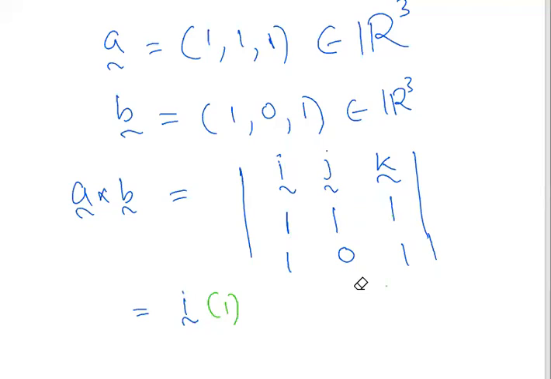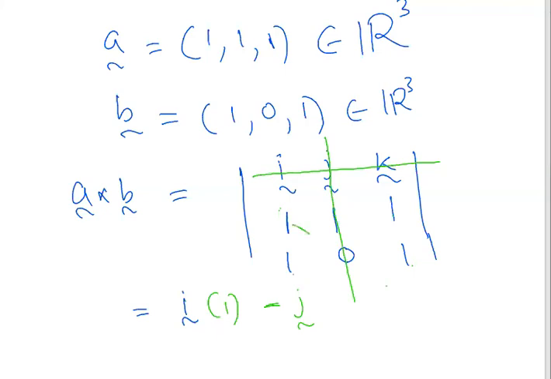Now the second one. This time the sign is negative. How do you find the coefficient? Remove the first row and the middle column, and you have this 2 by 2 matrix.